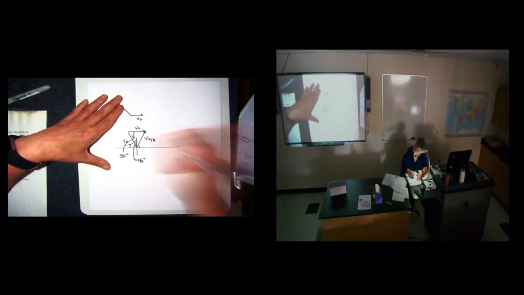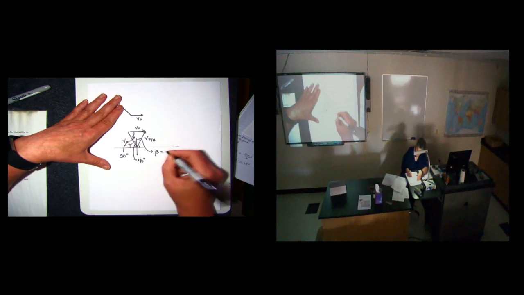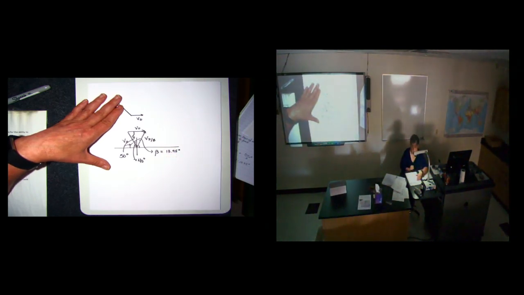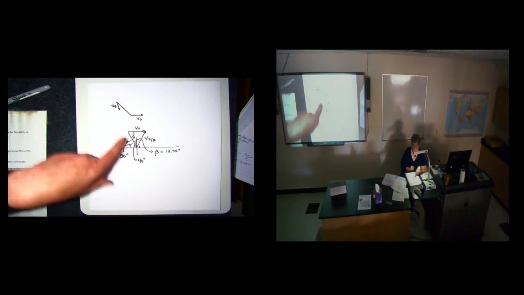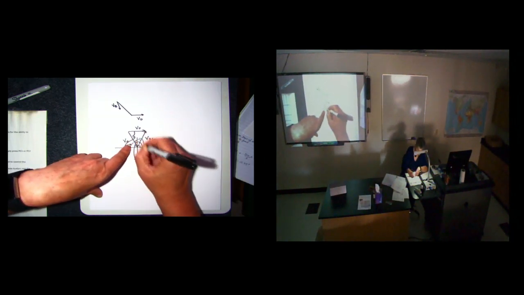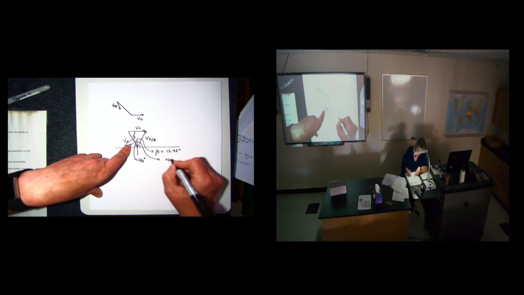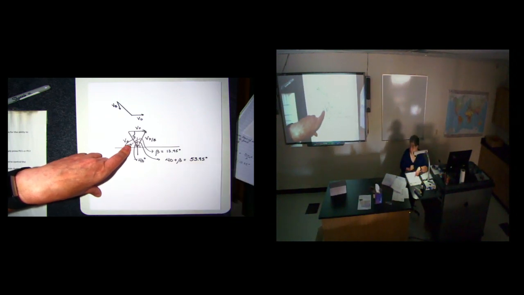And this is just a vector. This is one of those vector triangles that we've used before to solve the problem. And it's going to come up and help us out, because now I can use the law of sines. I get the sine of 50 degrees over vector DB is equal to the sine of 53.95 degrees over VD, which is equal to the sine of 76.05 degrees over VB.